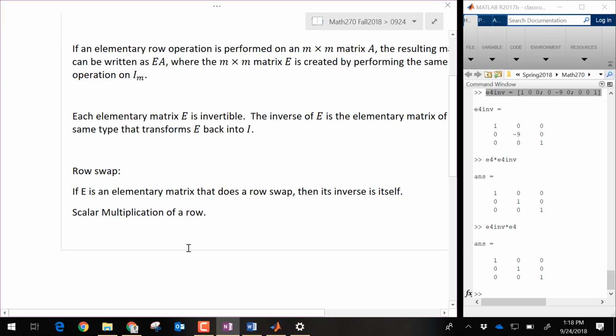All right, so how do we describe this elementary row operation?